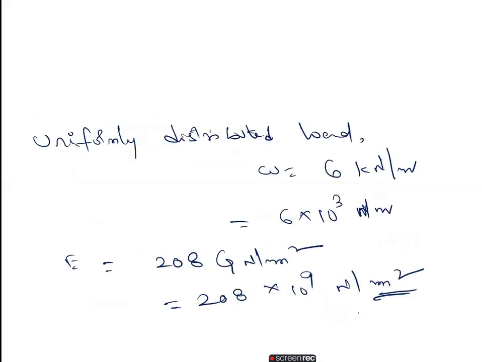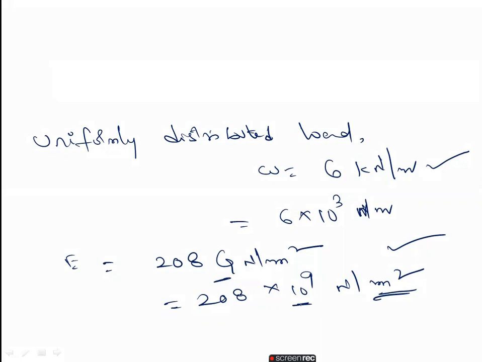Then they gave the uniformly distributed load, 6 kilonewton per meter, so 6 into 1000. Next, E equal to Young's modulus 208 gigapascal; converting into newton per meter square, giga means 10 power 9. This is the given data.